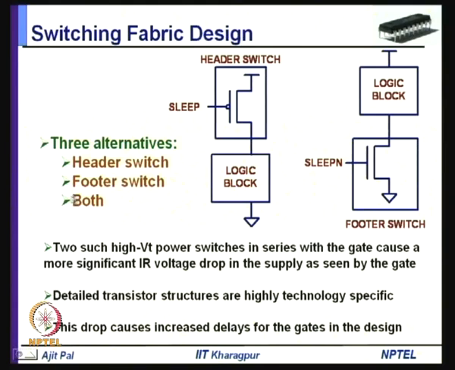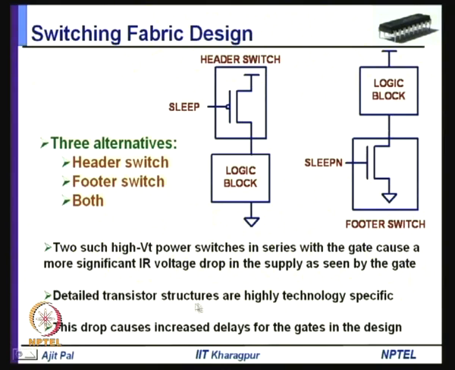Whenever you use both switches, two such high VT power switches in series with the gate cause a more significant IR drop in the supply as seen by the gates. That means, when you have 2 switches, a significant amount of voltage drop takes place, particularly when the supply voltage is gradually being reduced and is now in the range of 1 volt.